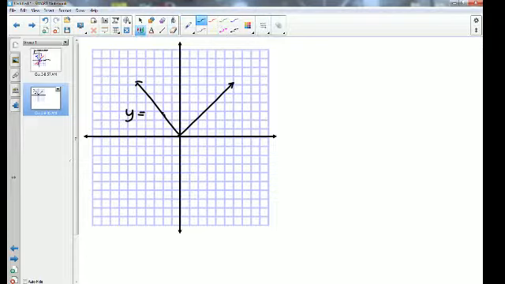Absolute value, right? Know that parent function. These are very easy to graph, knowing that parent function. What's the slope of that function over here? 1. Slope is 1. What's the slope? Negative 1. Okay. So they're always opposites, right? 1 and negative 1.